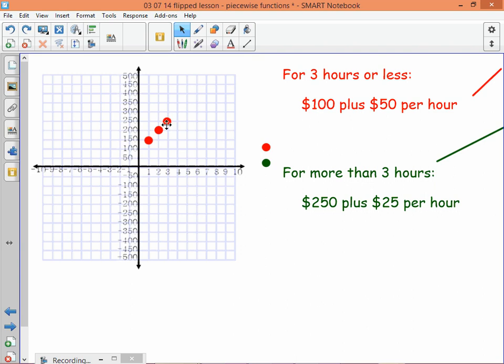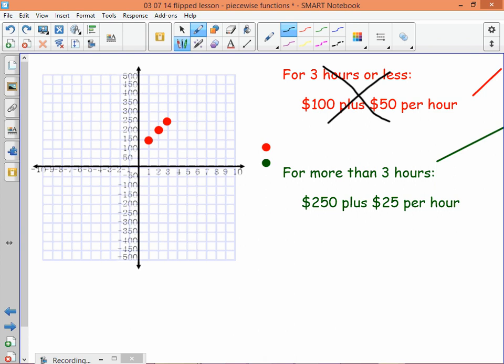Okay. For 4 hours, we can no longer use that first equation, because remember, he just told us we're talking about that rule for only 3 hours or less. When we get to 4 hours, we need to use this second rule that he came up with, 250, which is really 175 because of the correction I made in the first slide, 175 plus $25 per hour.